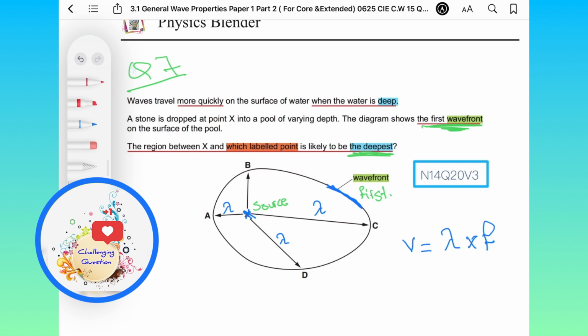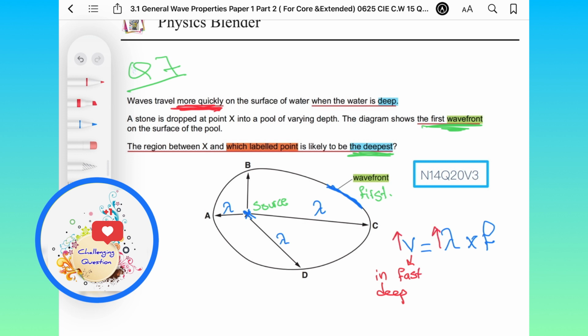So you can estimate that in deep water the speed is increasing, so it's moving more quickly, as mentioned in the question. Fast means the wavelength increased.